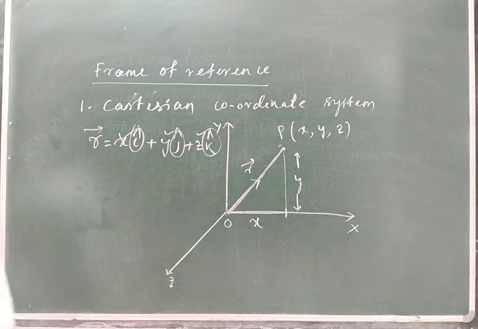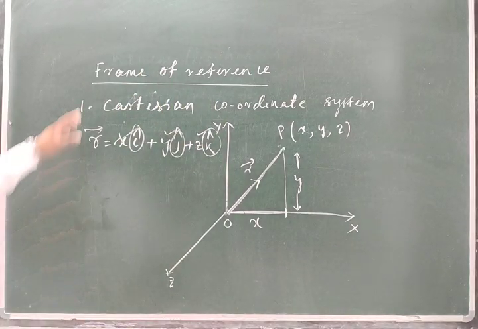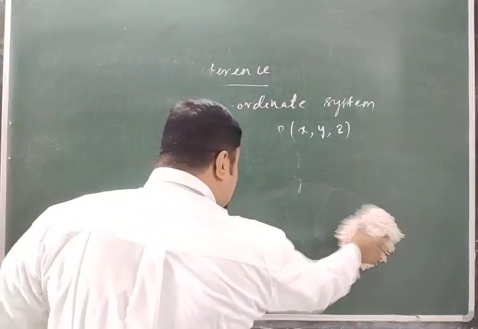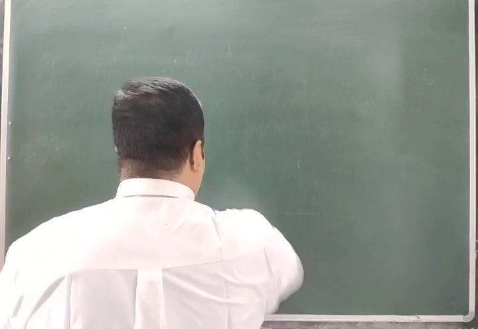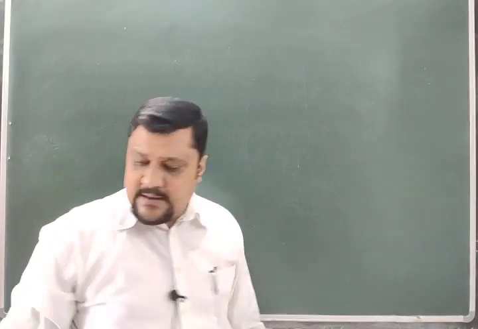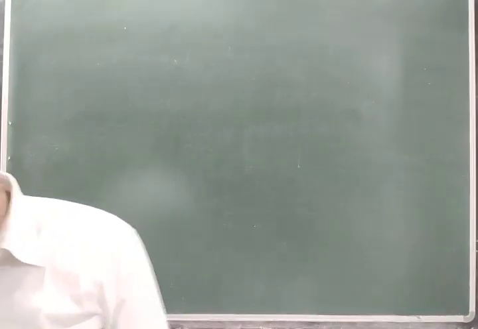We are the frame of reference. In a frame of reference, in this Cartesian coordinate system, we can say the frame of reference is of 2 types.